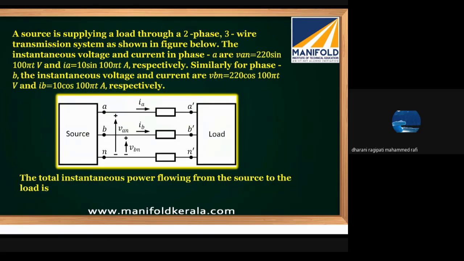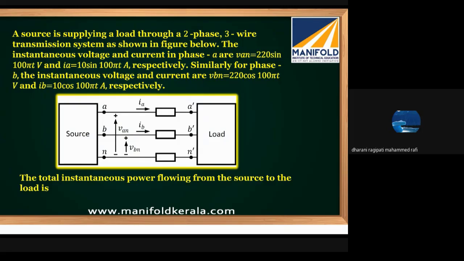Let us solve this problem and close this session. Read the question and understand it. Very good. 2200 watt is the right answer. So what has he given? He has given a two-phase, three-wire system.